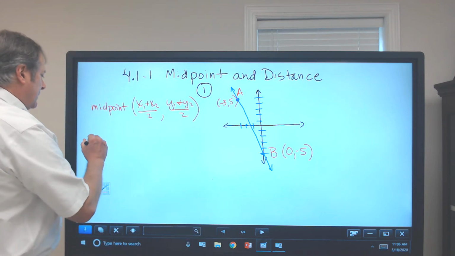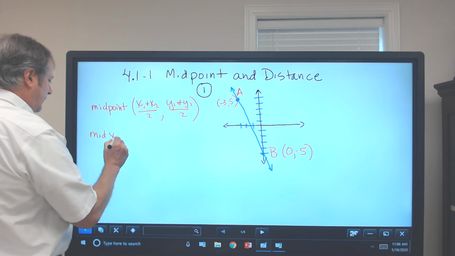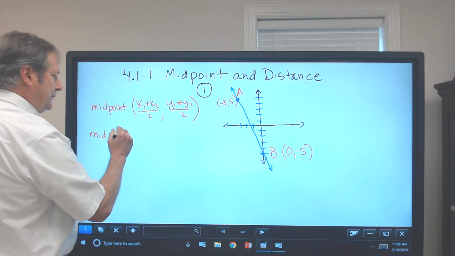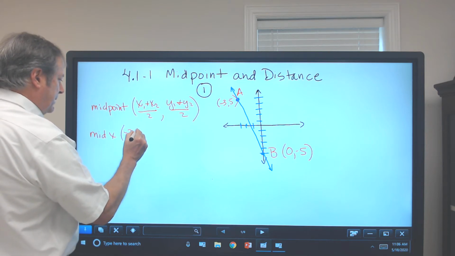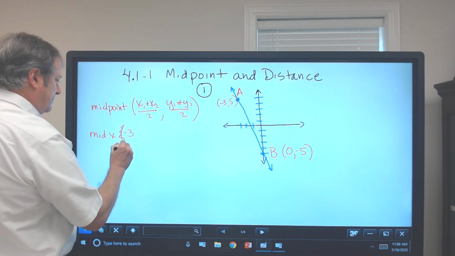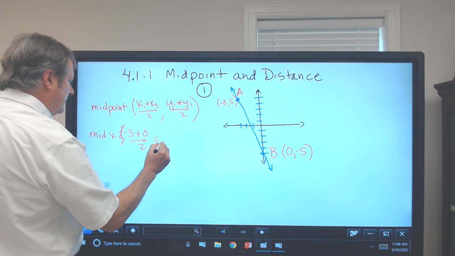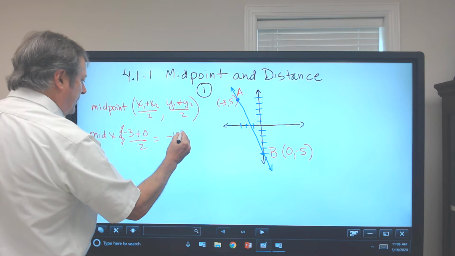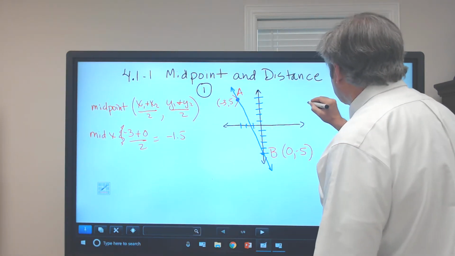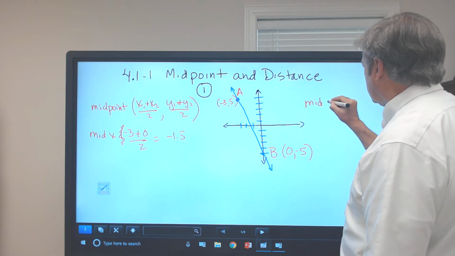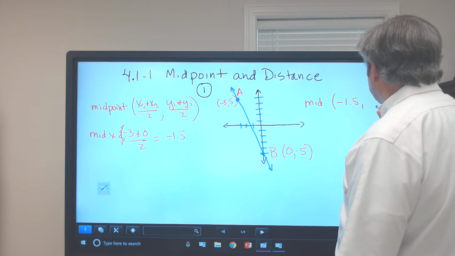So the midpoint of the x values is -3 plus 0 divided by 2, which is -1.5. So already we know that the x value of the midpoint is -1.5.